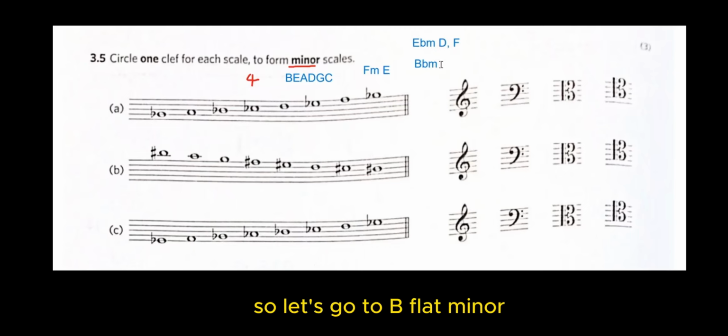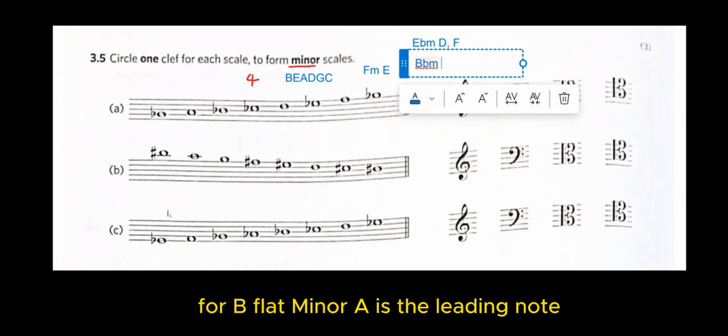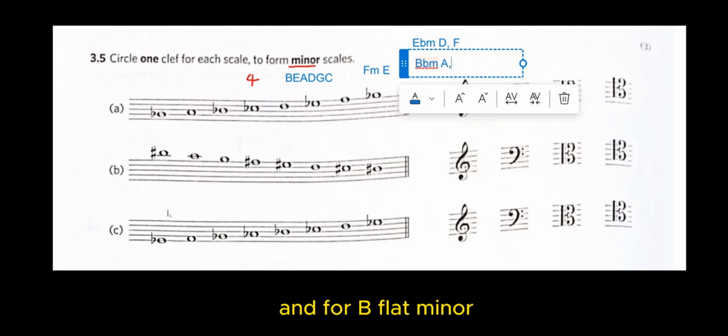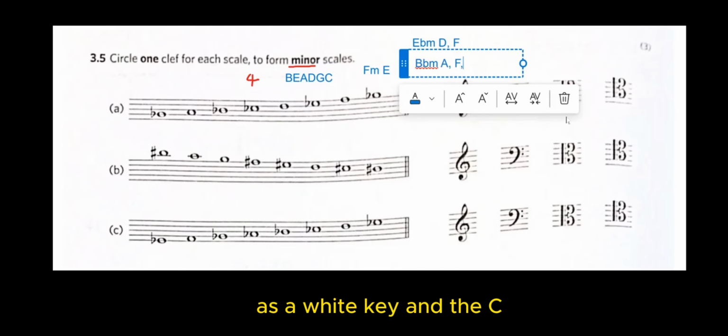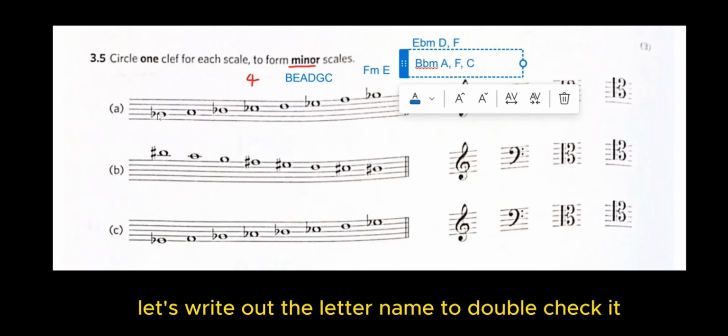So let's go to B flat minor. For B flat minor, A is the leading note. And for B flat minor, we don't have F flat and C flat, so that means there will be an F as a white key and a C. So most likely this is B flat minor. Let's write out the letter name to double check it.